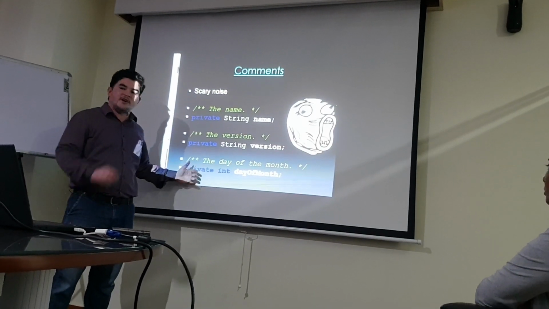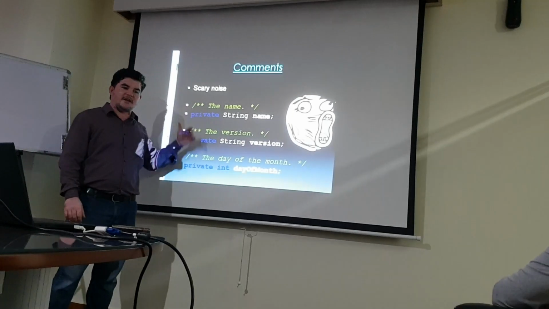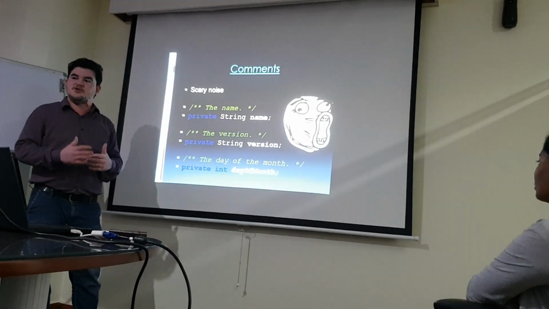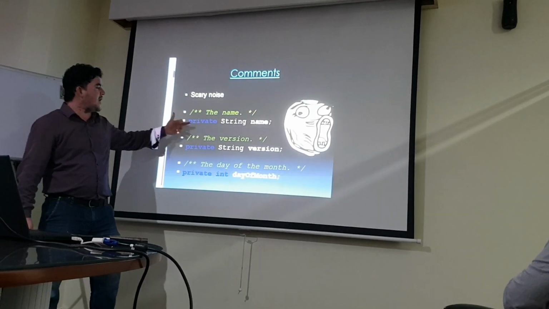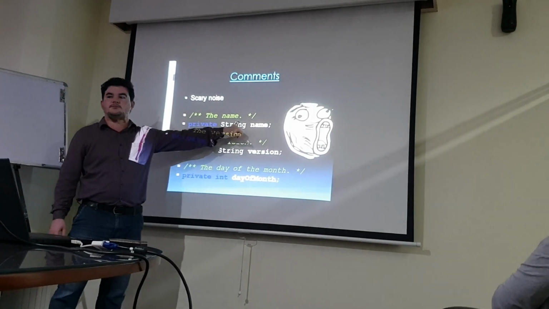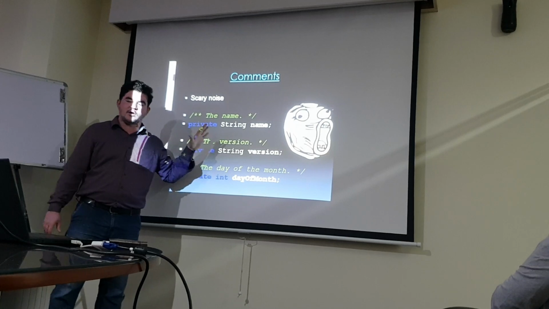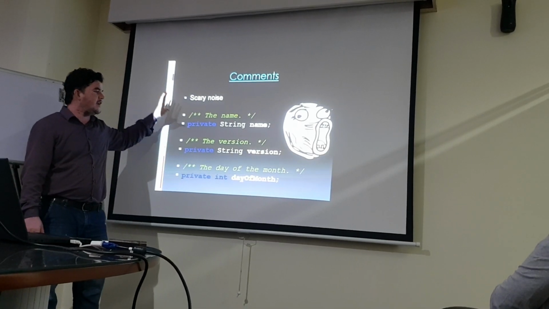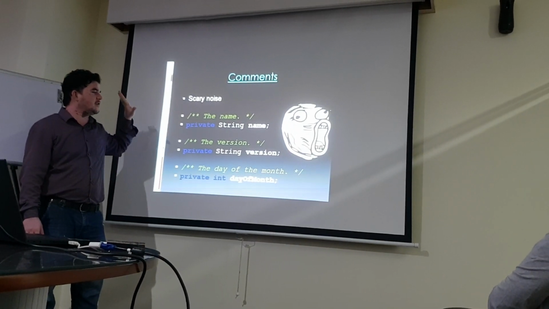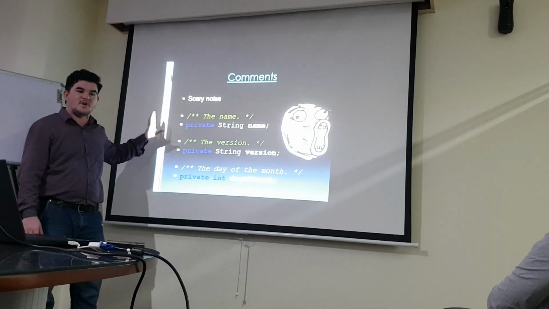They take time to read the code and make it a much more time-consuming effort. As you can see, private string name, with the comment "the name". What does this do? The comment is not understandable, it's taking up space, and it's taking up reading time.